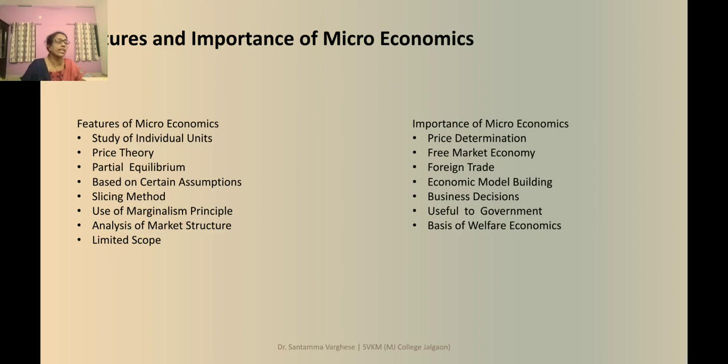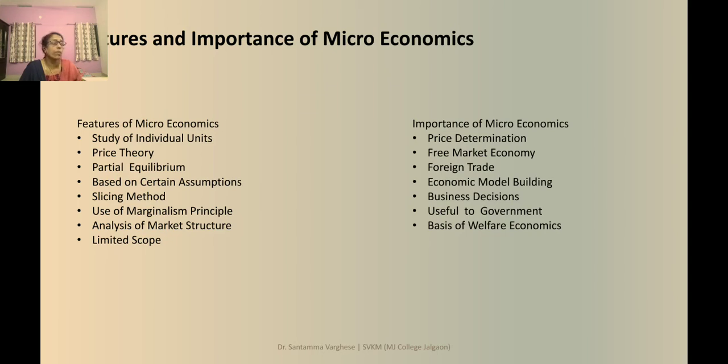Other things remaining constant, taking some things into view, we are studying the economy. This assumption makes the analysis simple. It means perfect competition exists. So microeconomics is studied with the help of assuming some of the things in the economy, and we study the factors in that way.